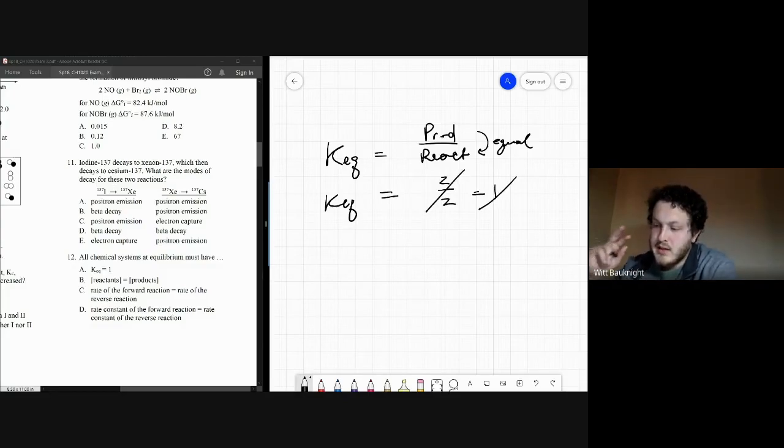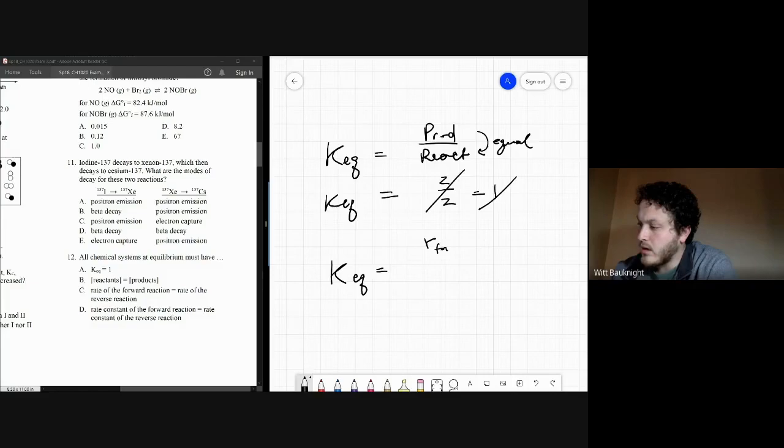So we can already get rid of A and B. Well, we know that Keq is equal to the rate going forward over the rate going in the reverse direction.